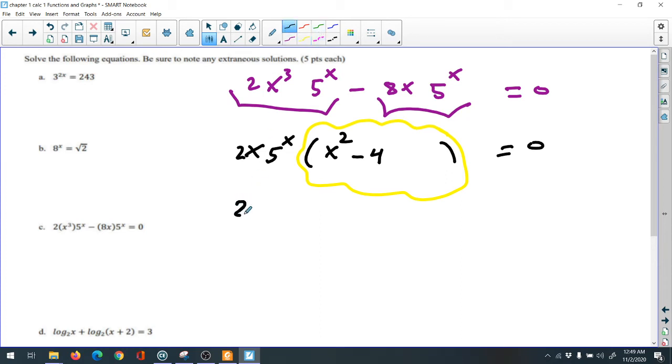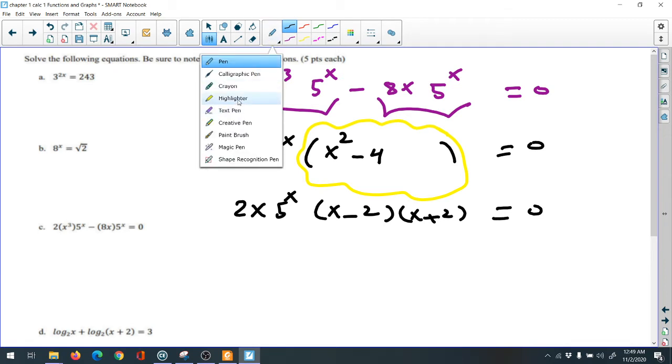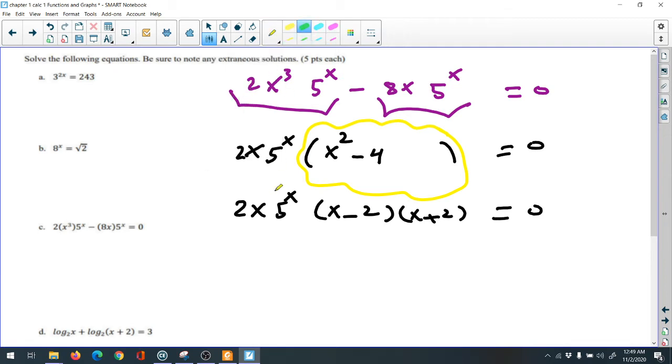So 2x, 5 to the x, and x squared minus 4 would be factored as x minus 2 times x plus 2. So now we have three quantities. At least one of them equals 0.